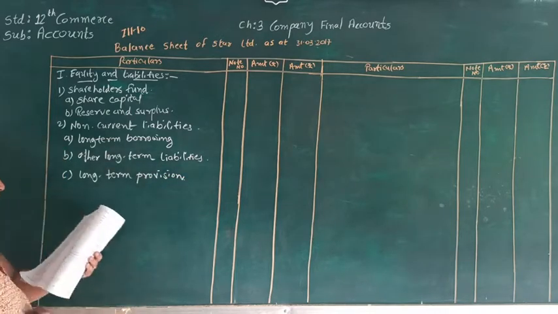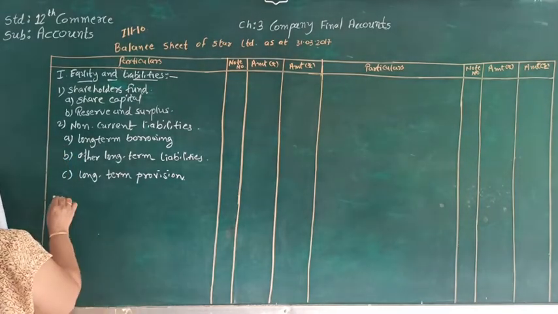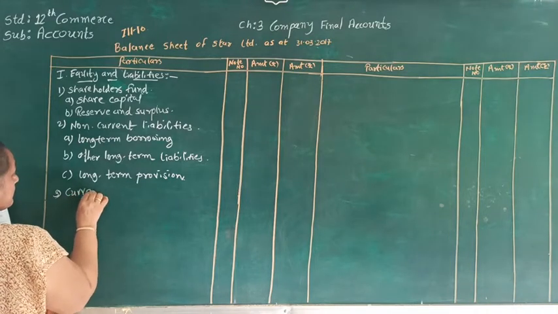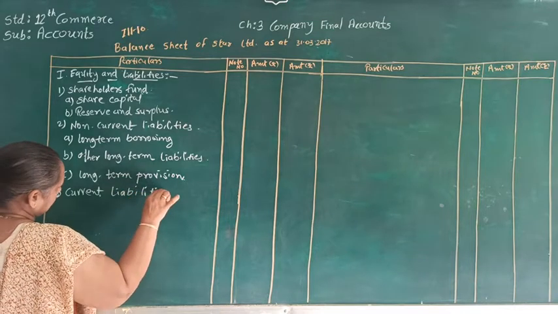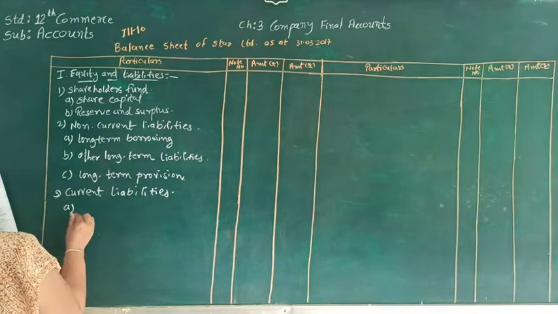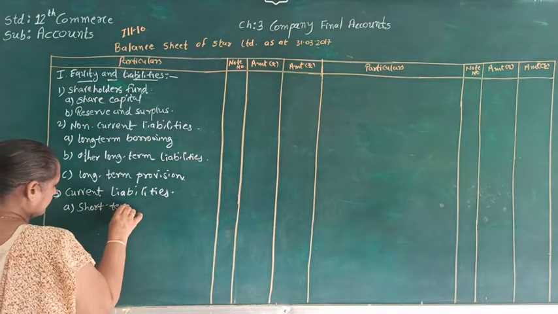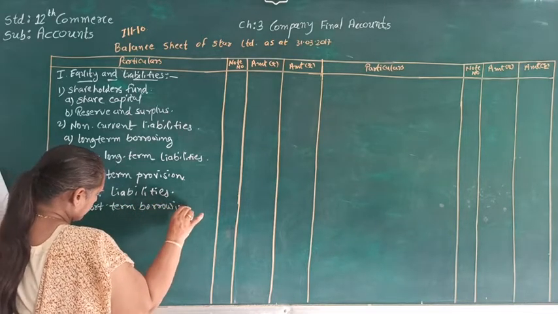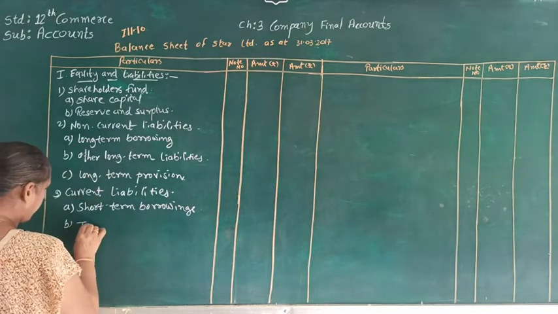So after non-current liability, another heading is current liability, that is the third number. In that, very first heading is short-term borrowing. The second one is trade payables.